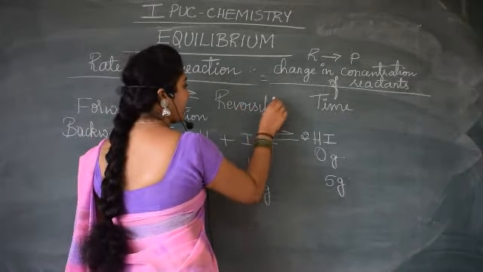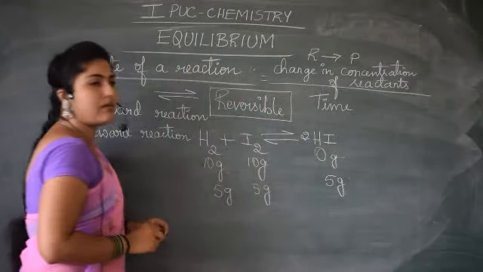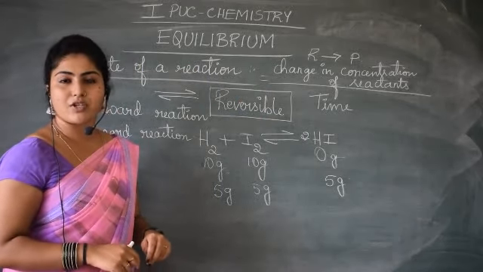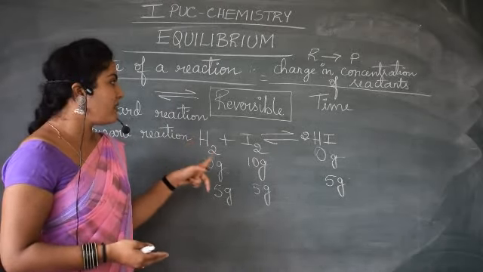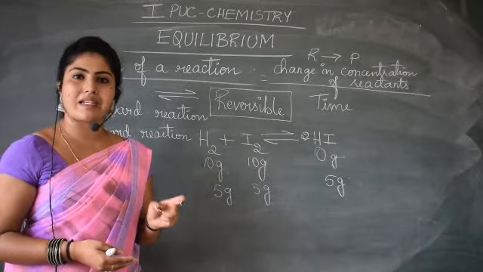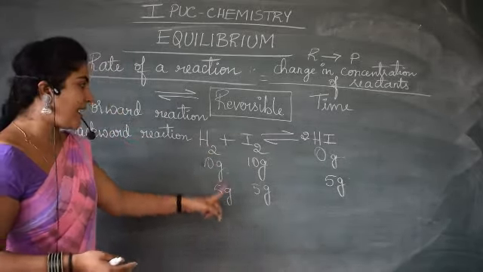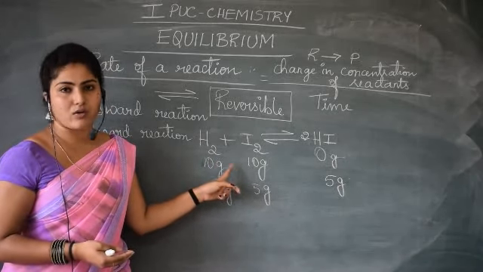Only if the reaction is reversible can you study equilibrium in it. An irreversible reaction cannot be reversed at any instant of time, whereas reversible reactions can be reversed at any instant of time. One example is hydrogen and iodine forming hydrogen iodide.